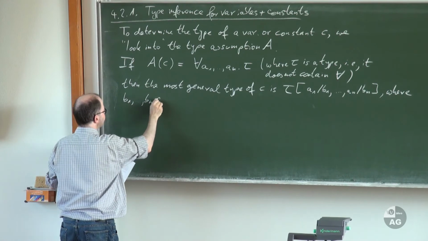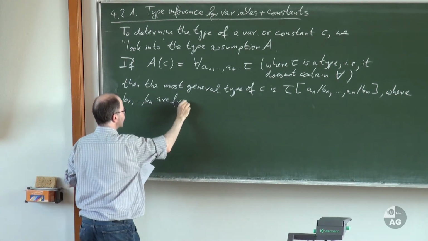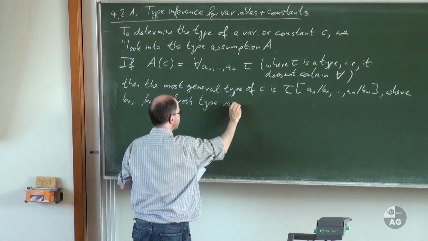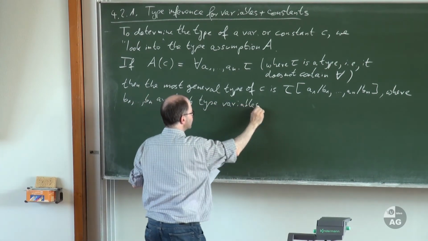Where B1 to Bn are fresh type variables that we didn't use before.